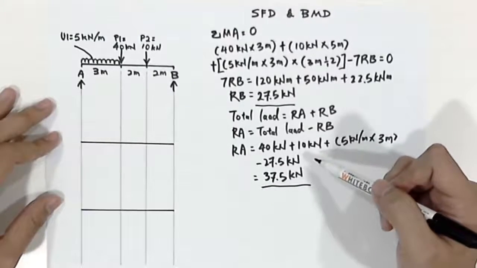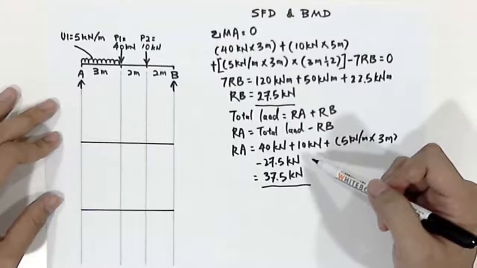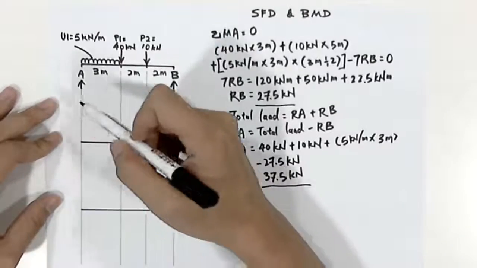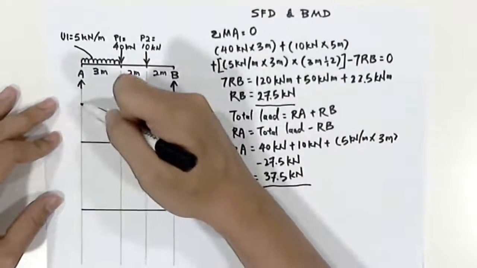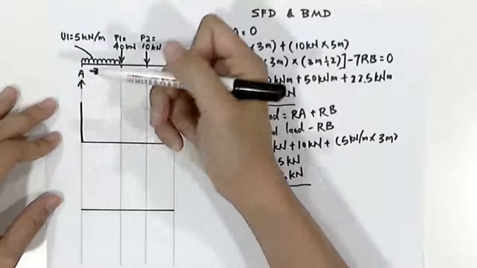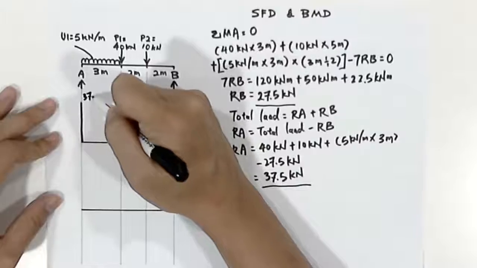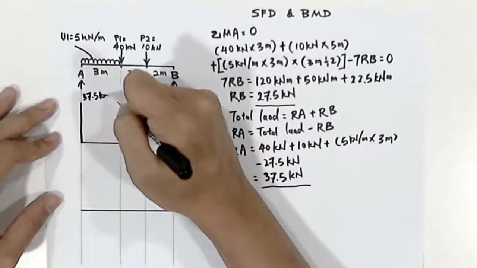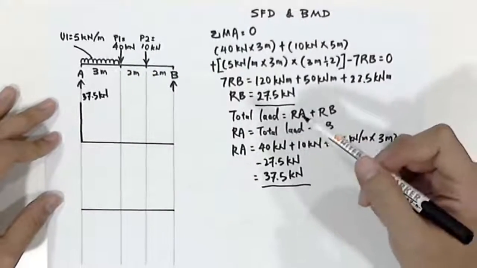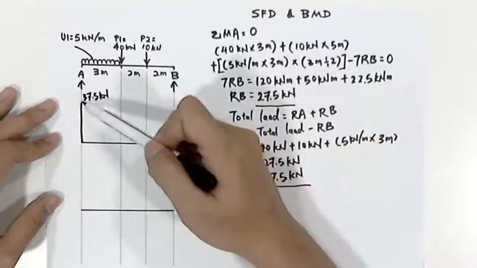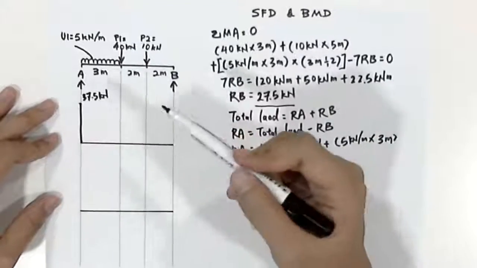value of 37.5 kilonewton. So try to draw, and then we'll put the value 37.5 kilonewton at here.